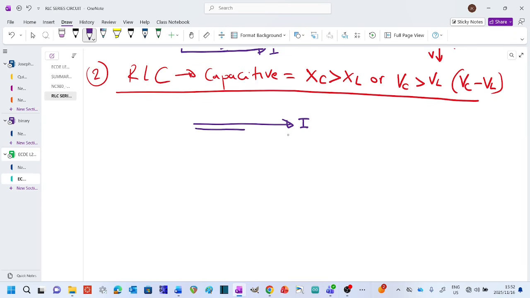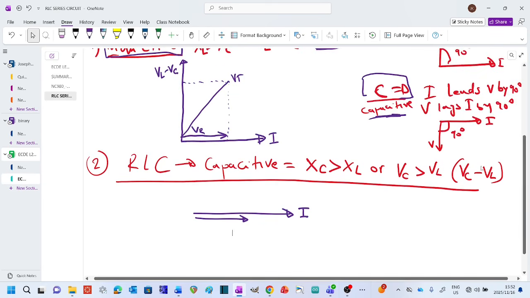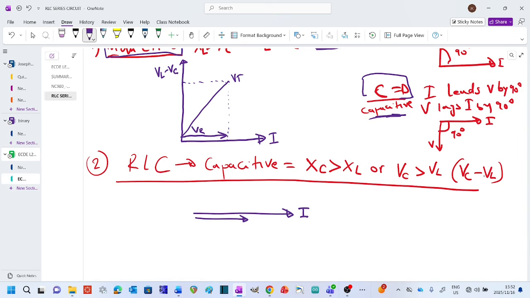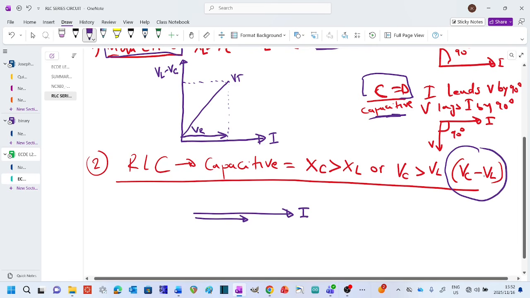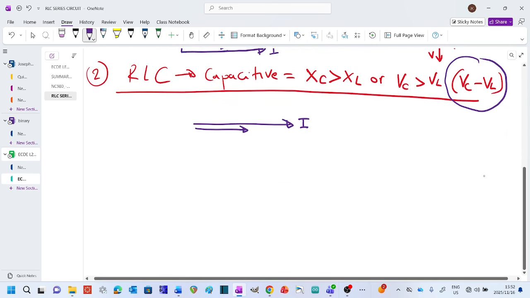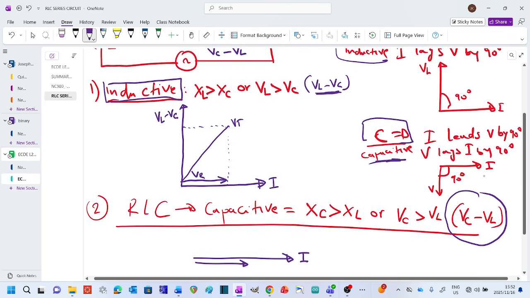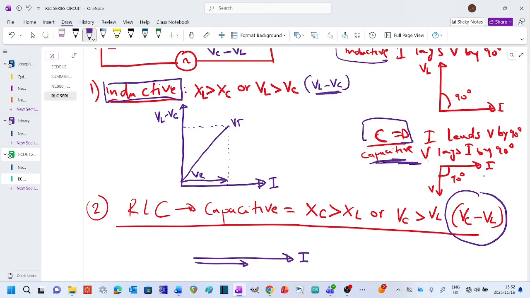It's in phase, so that's going to be like that. Now the capacitive voltage, because it's a capacitive circuit, there is our capacitive voltage, VC minus VL. In a capacitive circuit, voltage lags current by 90 degrees.